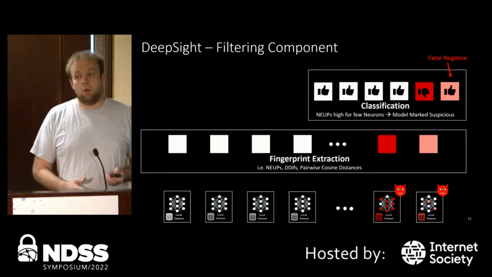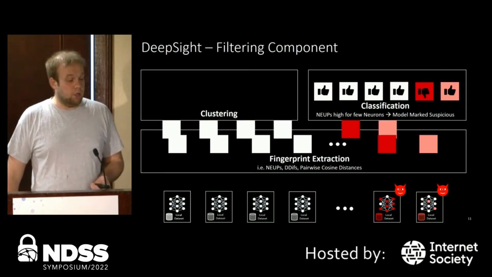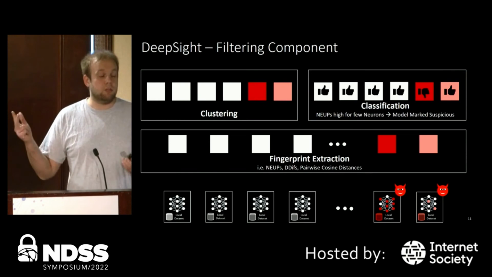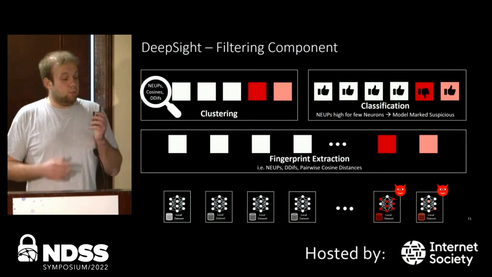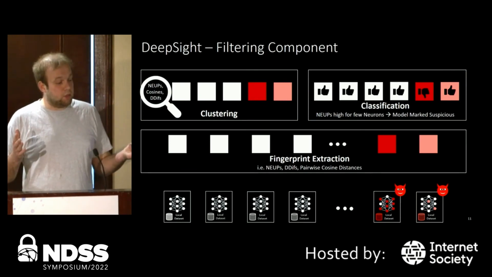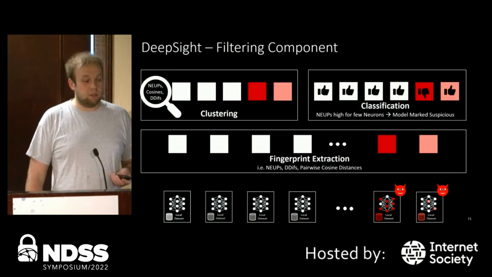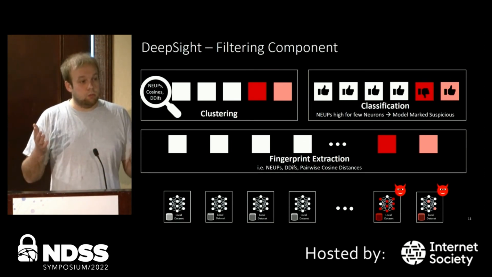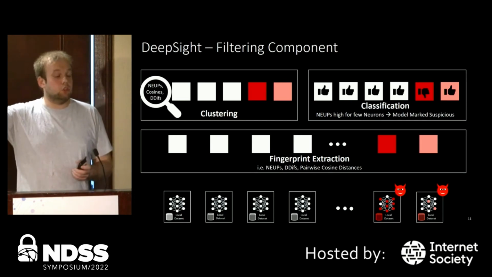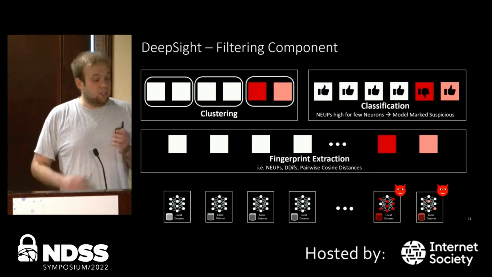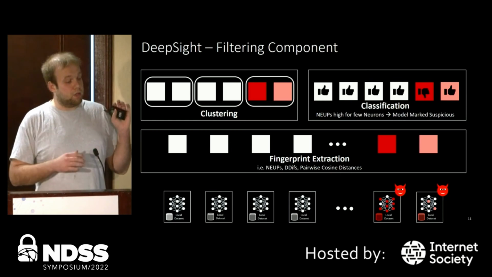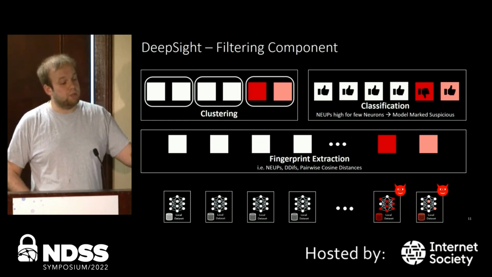To fix this, we apply the second step, the clustering, which uses all 3 fingerprints that we just extracted. We apply clustering on them to cluster the models according to their training data distributions and assume that models with similar data should also be labeled similarly. Here we now have a clustering, but we don't know which of these clusters are benign and which are malicious.